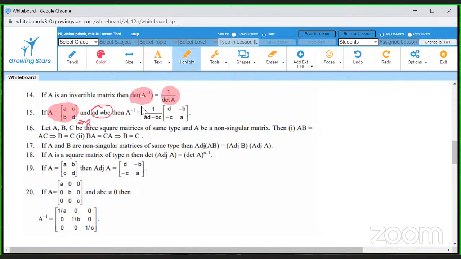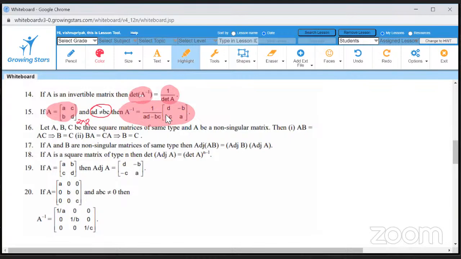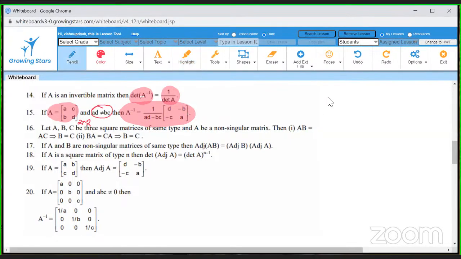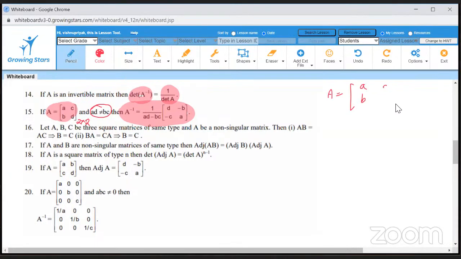Remember this formula for A inverse. A is having A B, C D. You are finding A inverse. So first what you will do? 1 by AD minus BC. This is what you do.